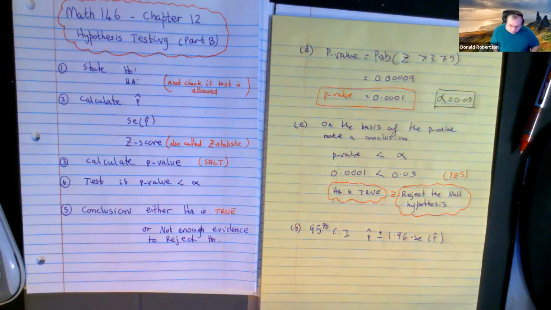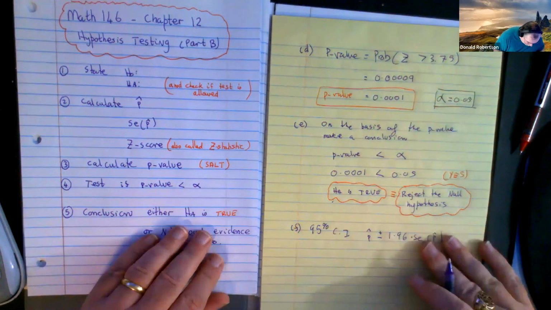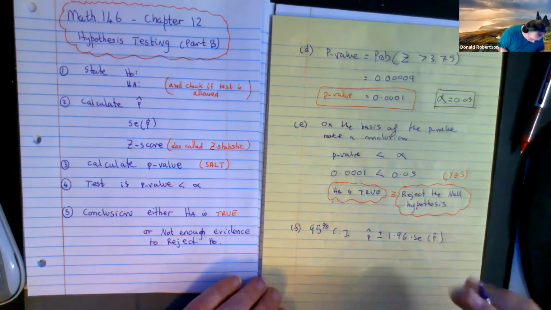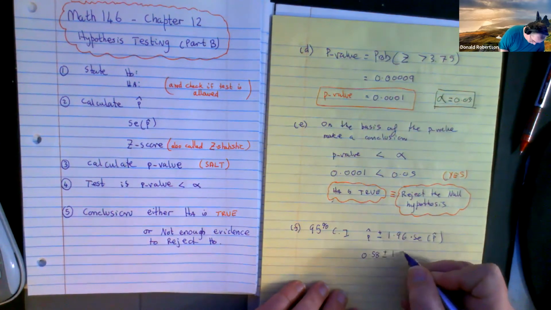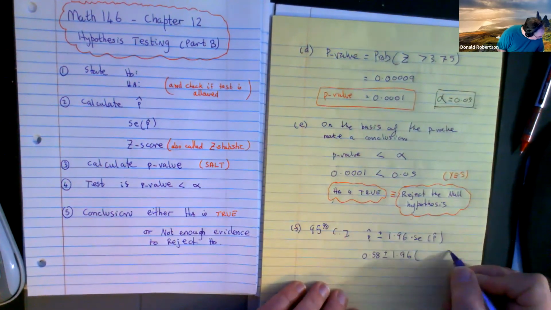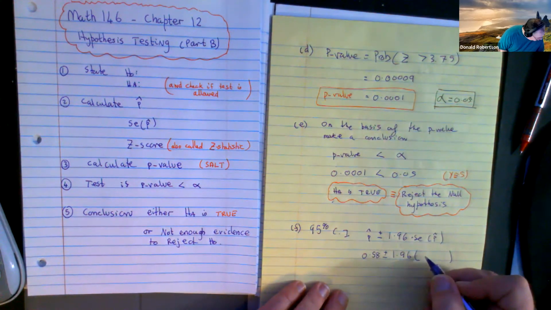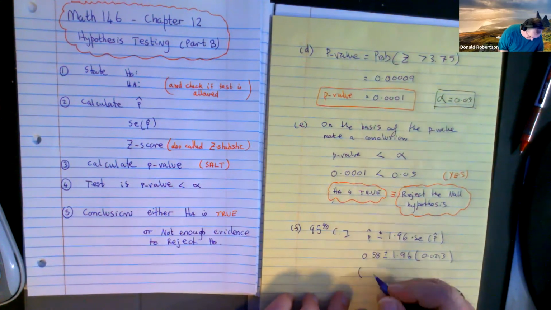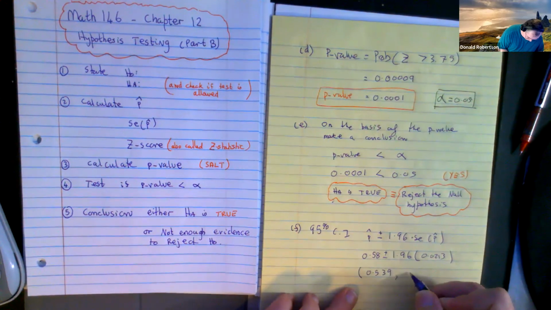So if I put in the value that we have for p hat, which is, where are we, p hat? 0.58 plus or minus 1.96 times the standard error, which was 0.0213, you get an interval 0.539 up to 0.621.